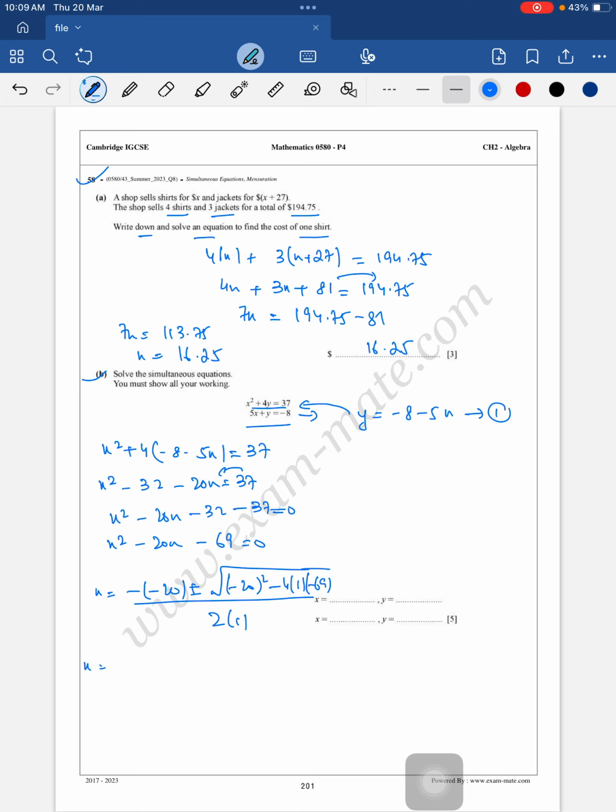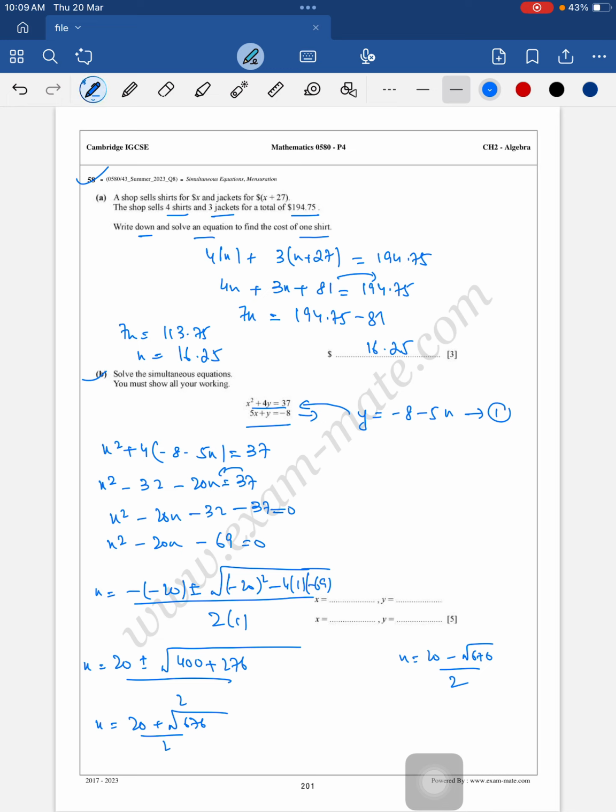So x is equal to plus 20 plus minus the square root of 20 squared, which is 400, plus 4 into 69. 4 into 69 is 276, upon 2. So two answers, x is equal to 20 plus root 676 upon 2. Second answer is x is equal to 20 minus root 676 upon 2.